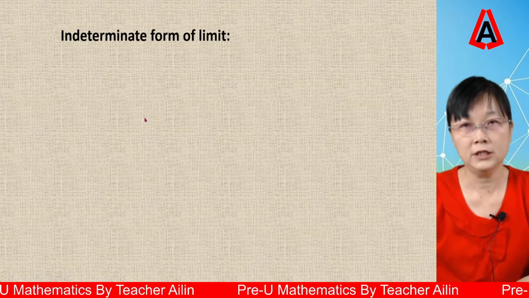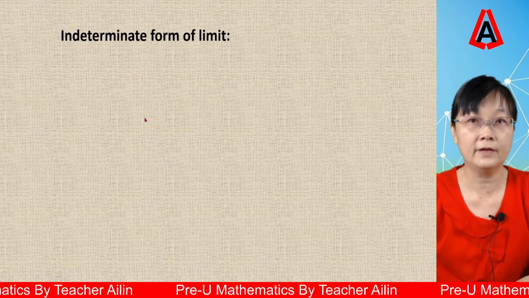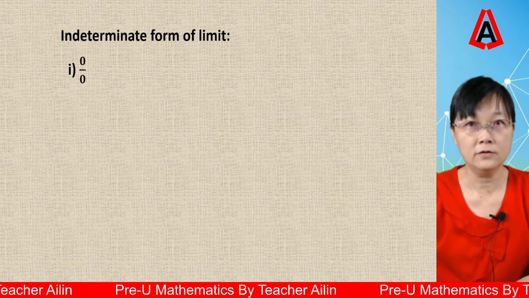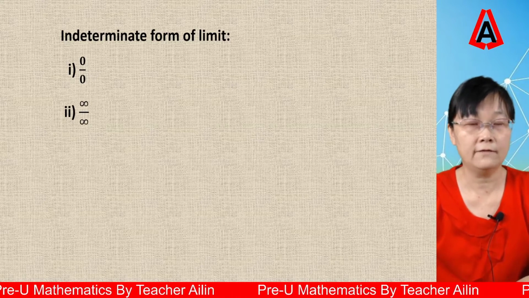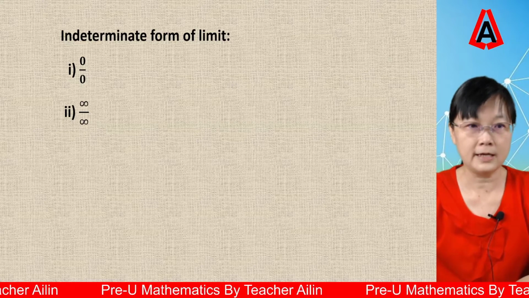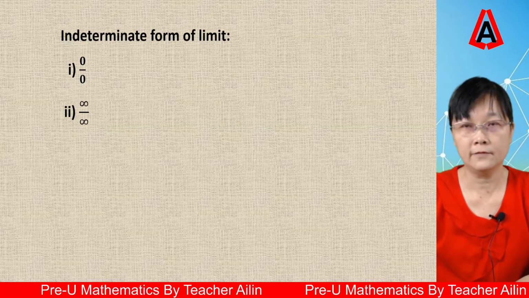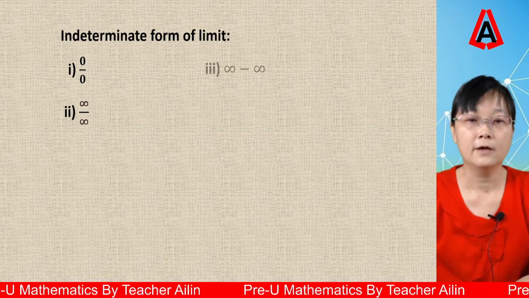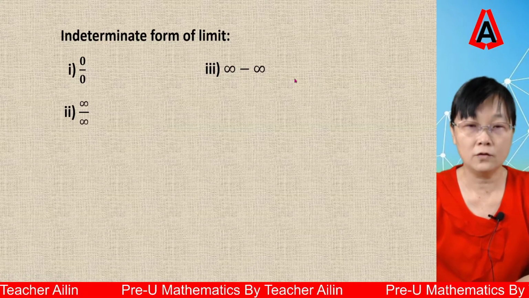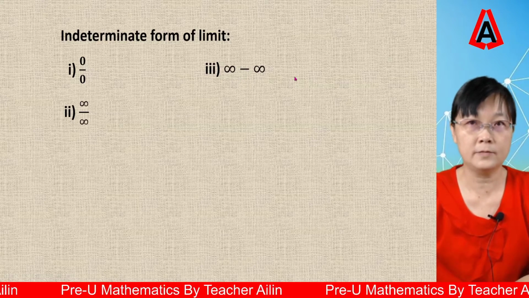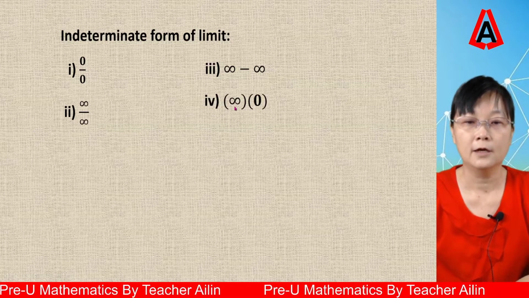Actually, other than 0 over 0 and infinity over infinity, there are some other indeterminate forms of limit. For example, infinity minus infinity is also another indeterminate form of limit.